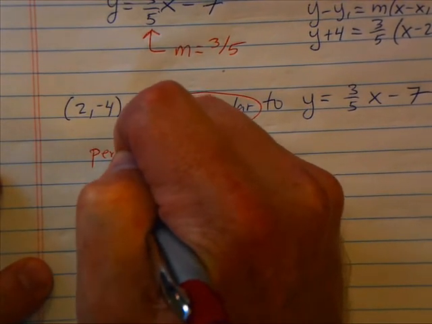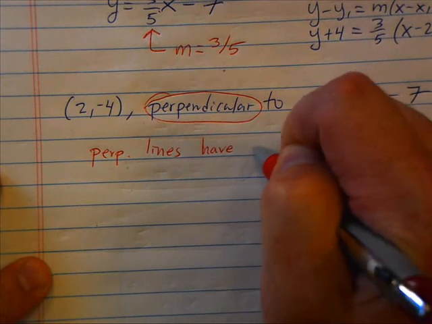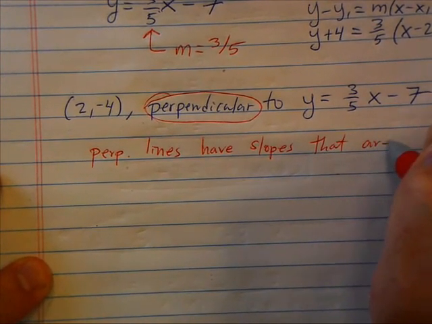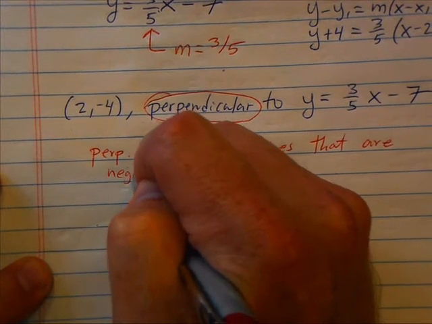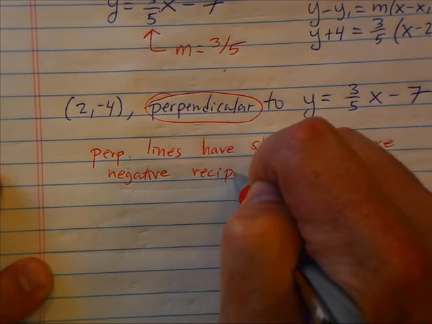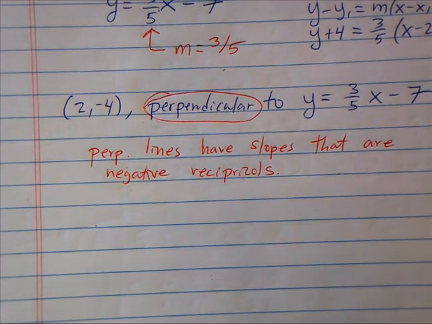Perpendicular lines have slopes that are negative reciprocals. What the heck does that mean?